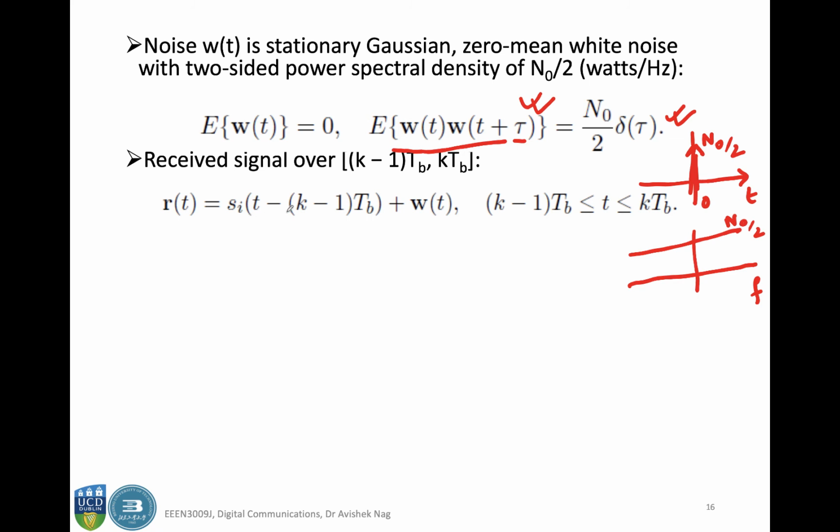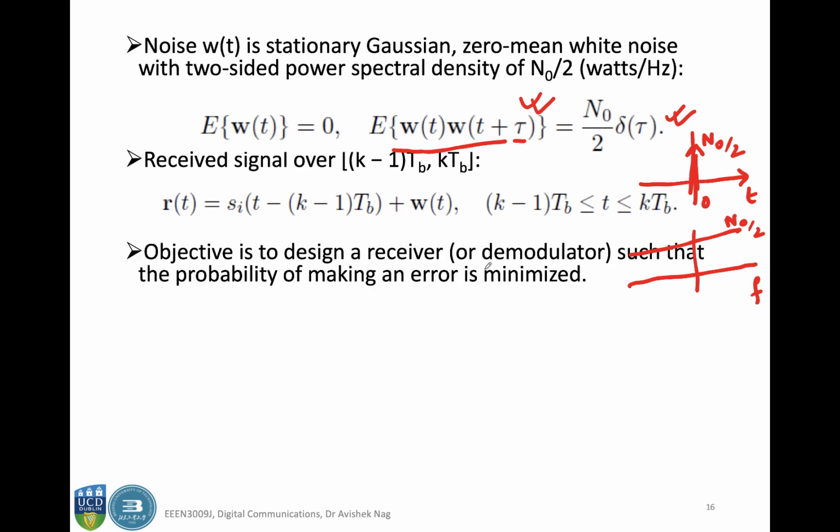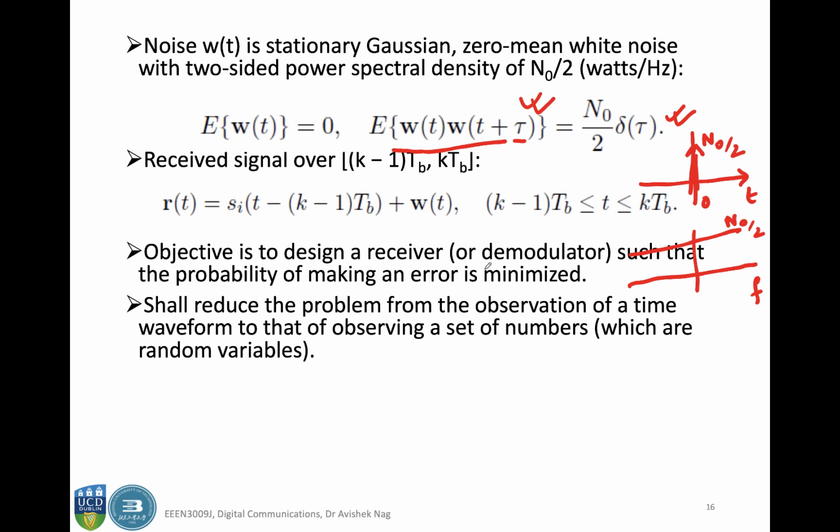That is defined between (k minus 1)Tb and kTb, and your noise is getting added to that signal, and your objective is to design a receiver or demodulator such that the probability of making an error is minimized.